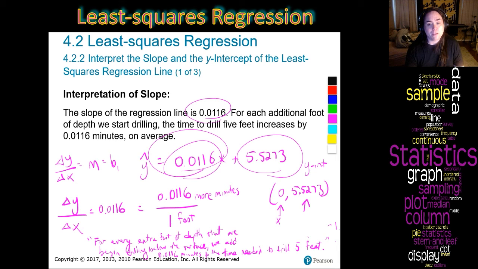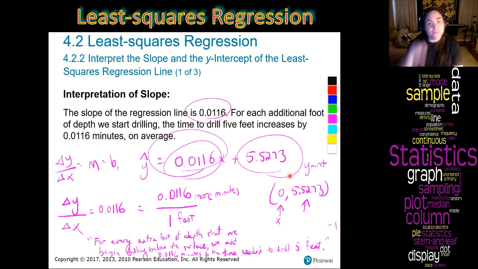0.0116 over 1 means that it's going to take 0.0116 more minutes to drill 5 feet for every foot below the ground we start. So if I start 10 feet below the ground, multiply that number by 10, and we're going to add that to the 5.5273. Because we start out it's only going to take about 5.5 minutes.